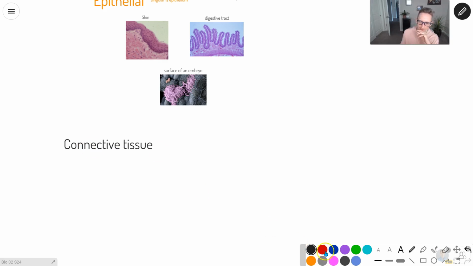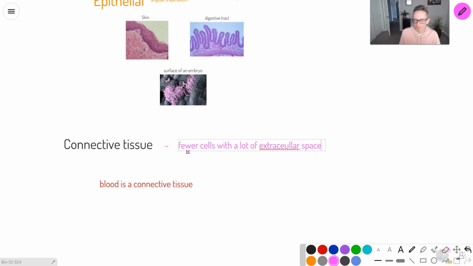And let me just give you an example of why, and that's because blood is a connective tissue, and people don't often think of that. So connective tissues are defined as like having fewer cells with a lot of extracellular space.